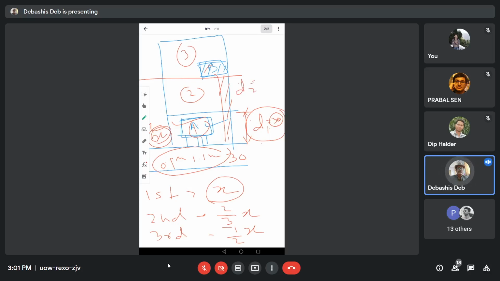It is mentioned we are considering the depth of the second belt as 1.5 times the depth of the first belt, and D3 is 1.5 into 1.5 D1. Means if D1 is the depth of the first belt, the depth of the second belt is 1.5 times the depth of the first belt, and similarly the third belt depth is 1.5 times the depth of the second belt.